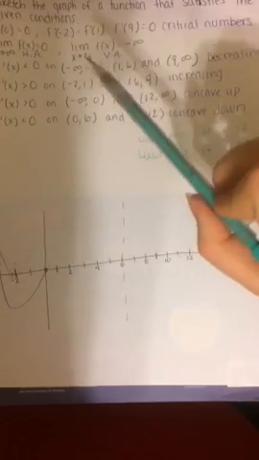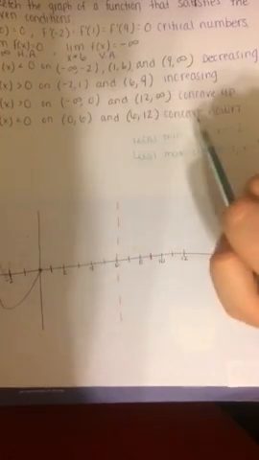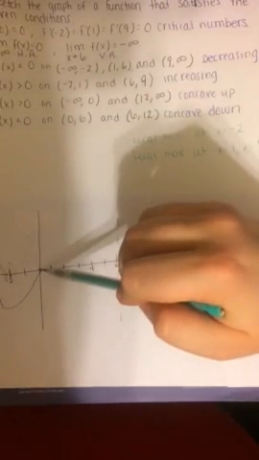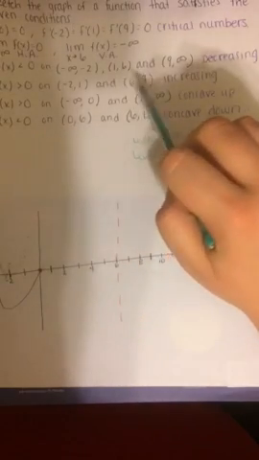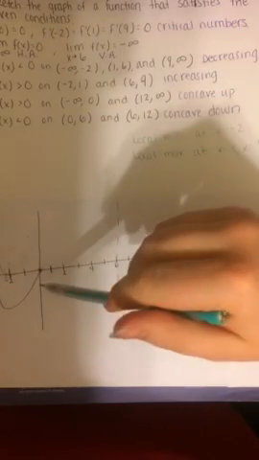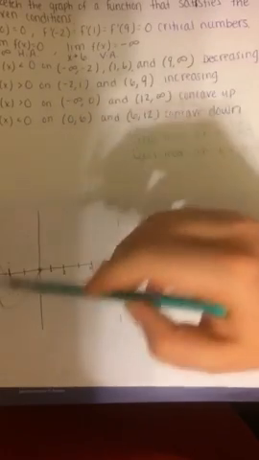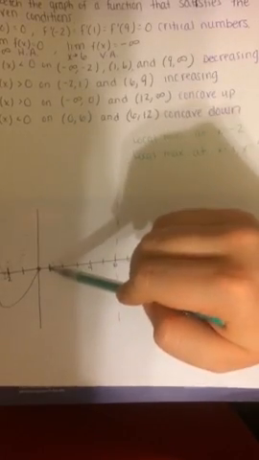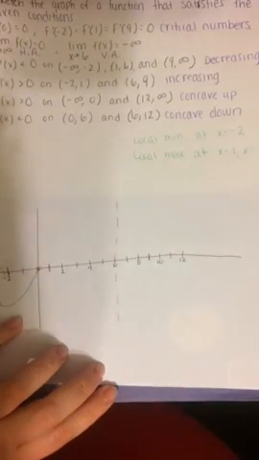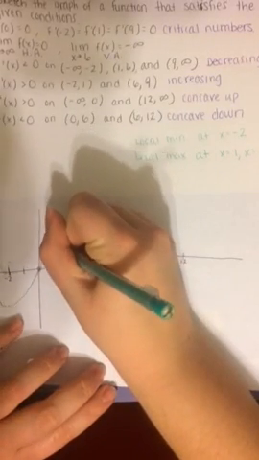And then from 0, 0 it's now going to be concave down. From -2 to 1, it's increasing, so it's still going to increase up to 1, but be concave down.